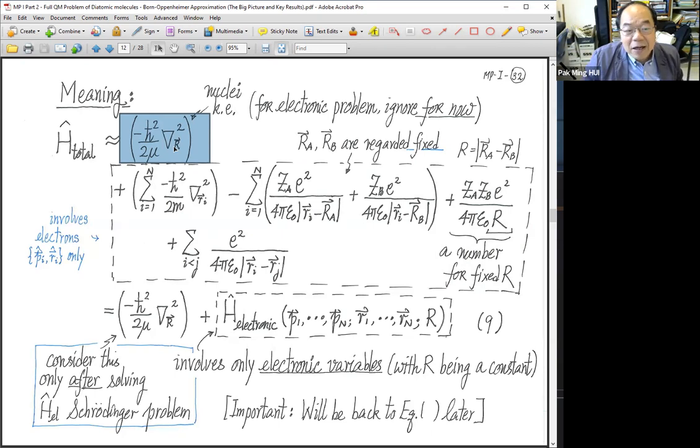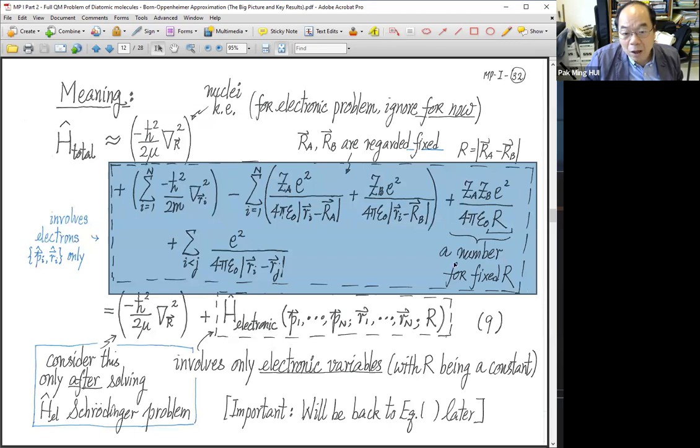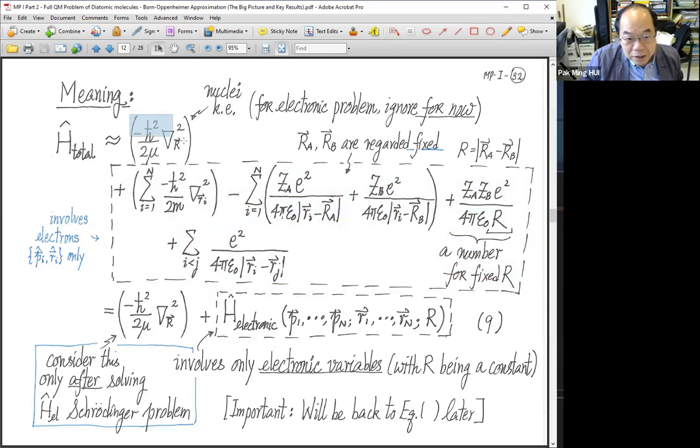And then let's focus on the electronic part, the Schrödinger equation of the electron, first. We are not completely ignoring this part. Later on, we will come back to this Hamiltonian and switch on this part again. That is when we will see the nucleus start to move: vibration about the minimum formed by the electrons, and the rotation.